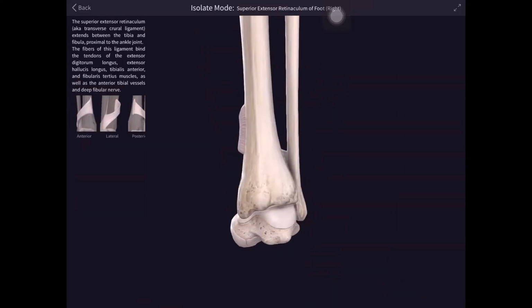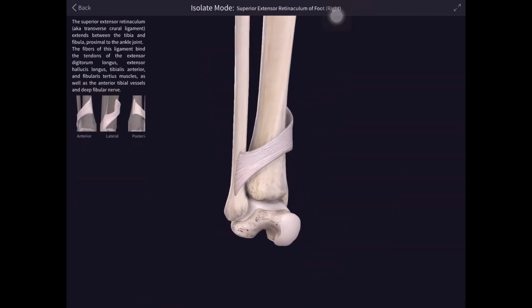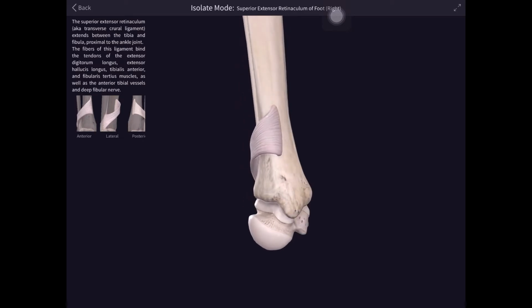So this is your attachment to the anterior margin of the anterior border, and it goes all the way, and the other attachment is to the lower part of the medial surface of the tibia.